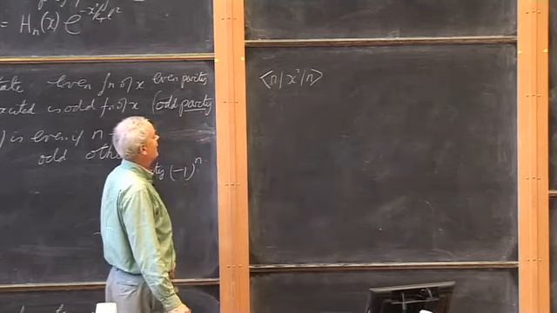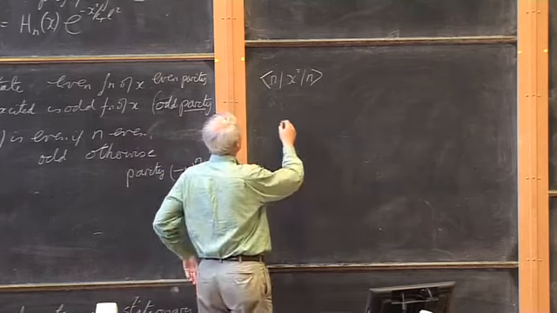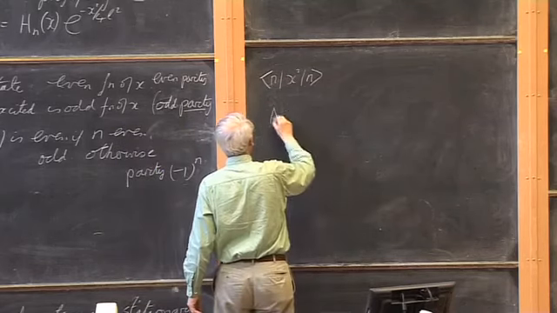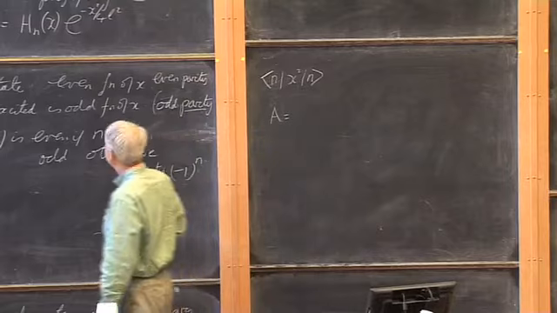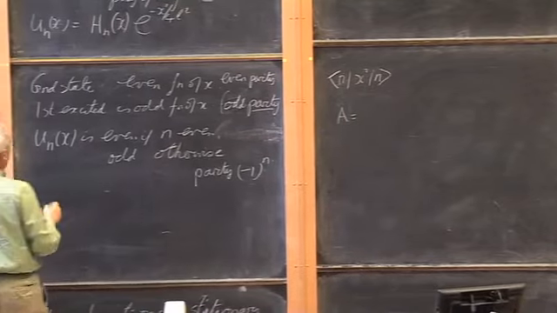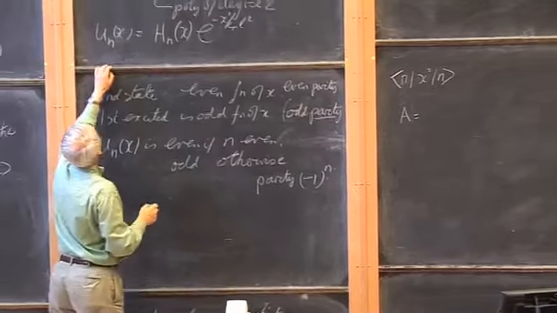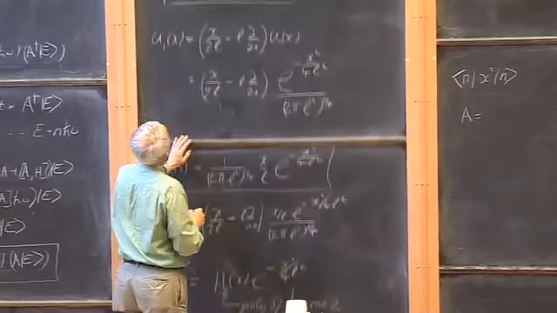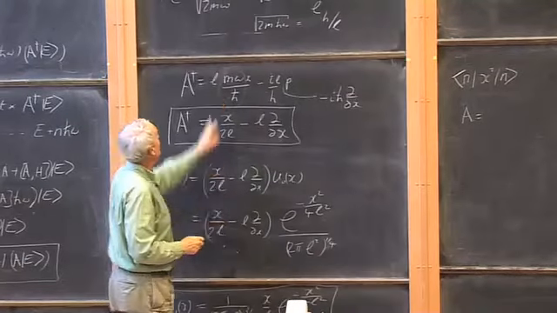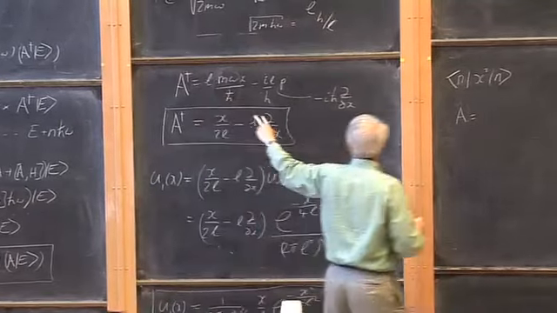Now, how do we work this out? What we do is we observe that A, now we had A dagger. We went to some trouble. Here we go. Here is A dagger.